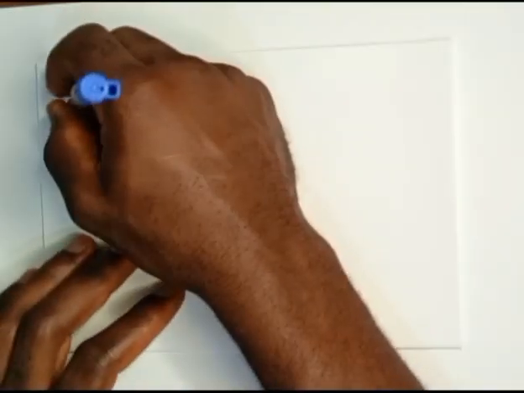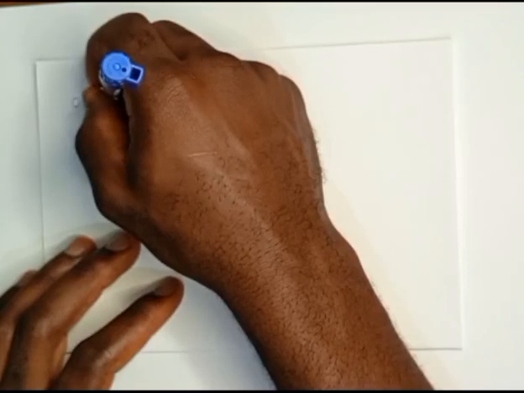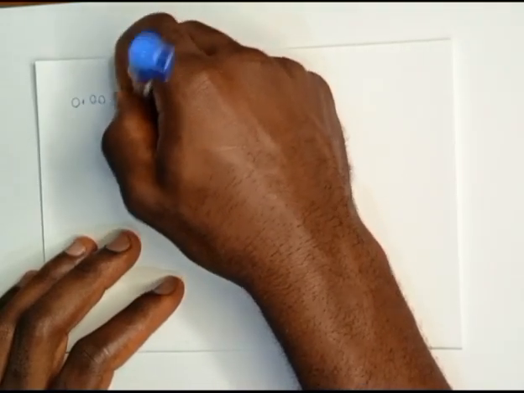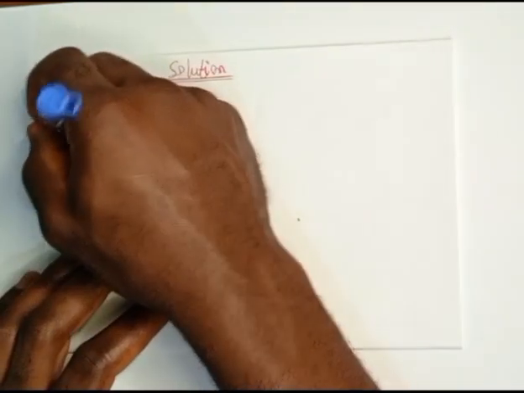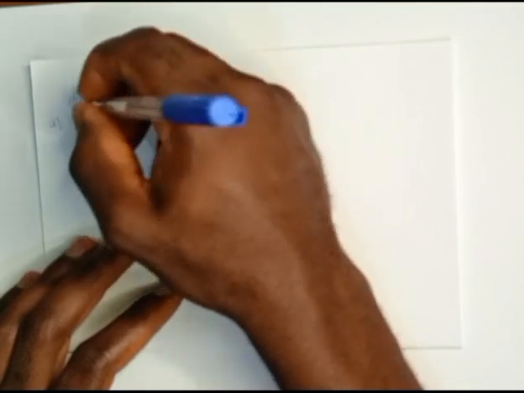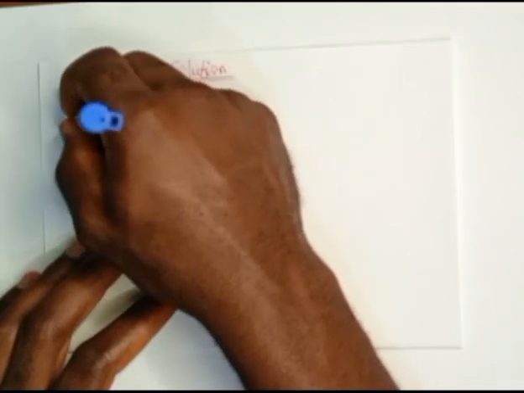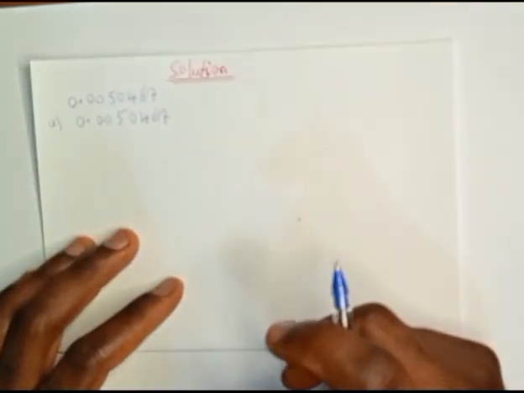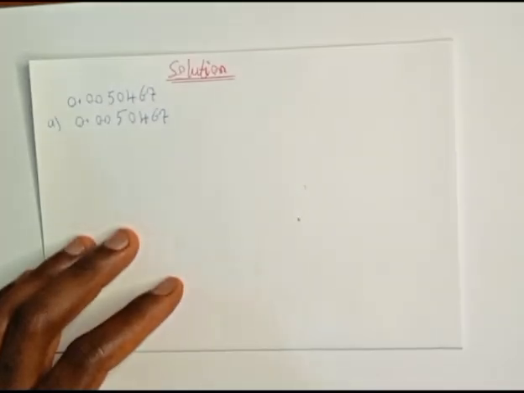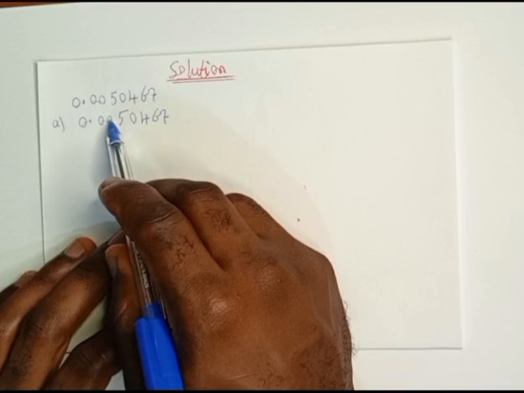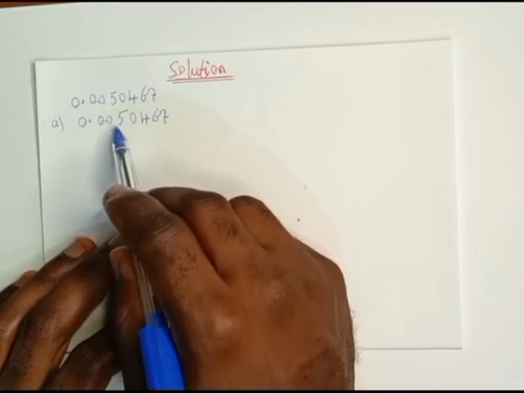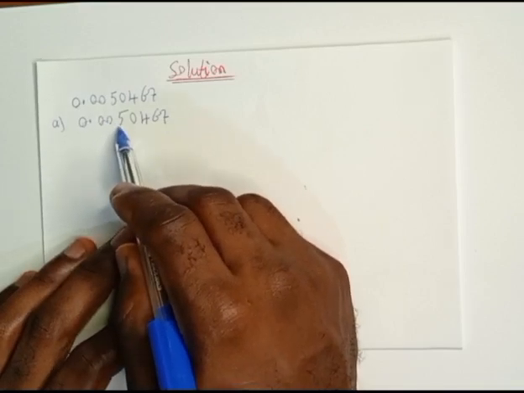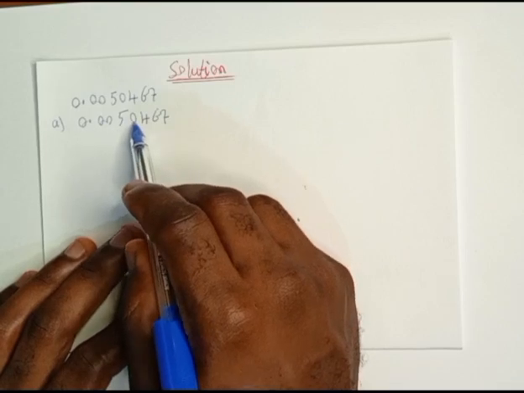The given number we have is 0.0050467. For A, we have to express this number to two significant figures. Remember, the first significant figure of a given number is always the first non-zero digit of that number. These 2 zeros are not significant figures. These 3 zeros. 5 is the first significant figure of this number, followed by this 0.